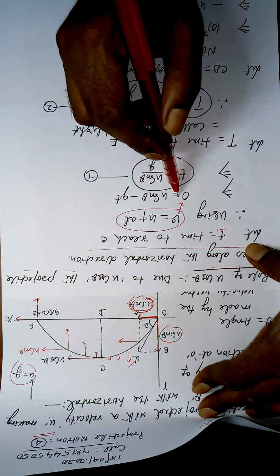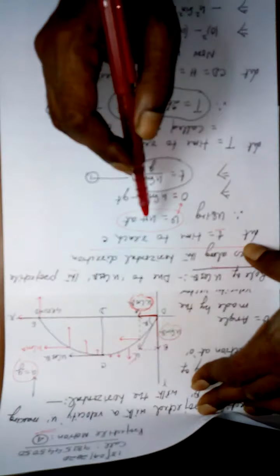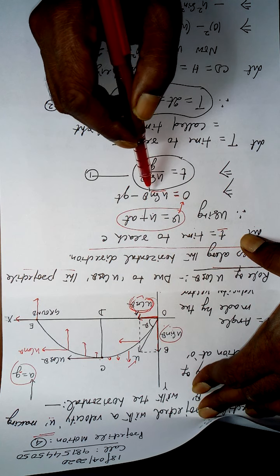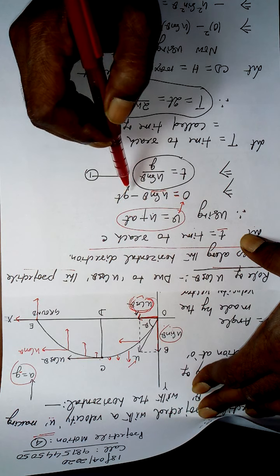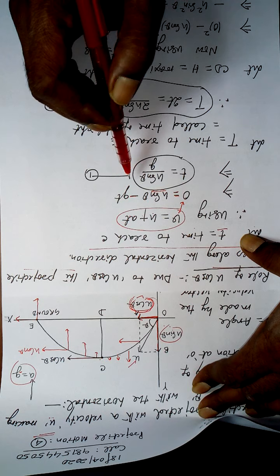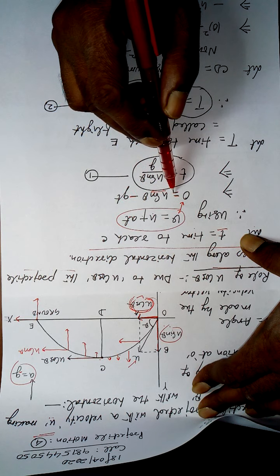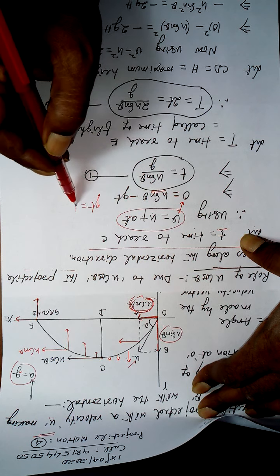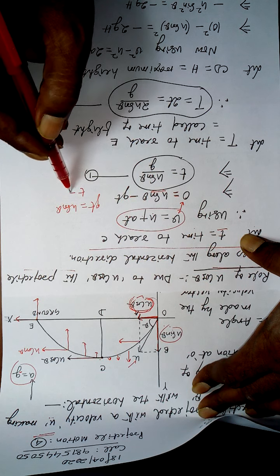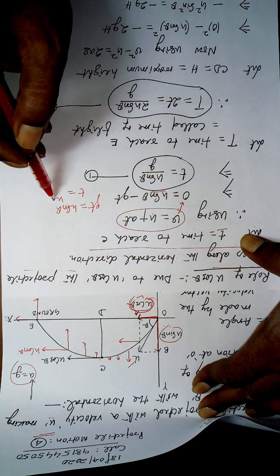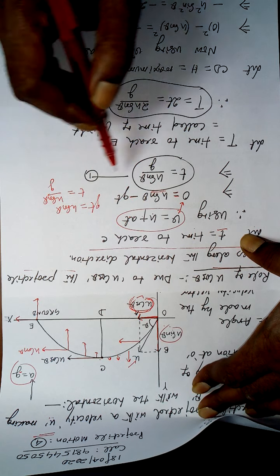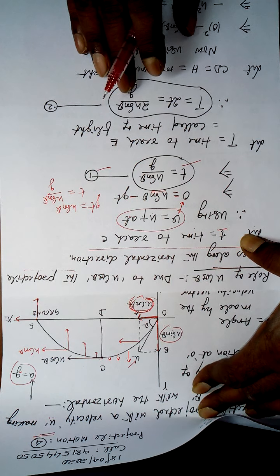So final is 0, and u sine theta is your initial velocity. Acceleration is negative because g is downward, so minus gt. So gt comes to this side, so gt becomes u sine theta, so t becomes u sine theta over g. That is what I have written here, equation 1.